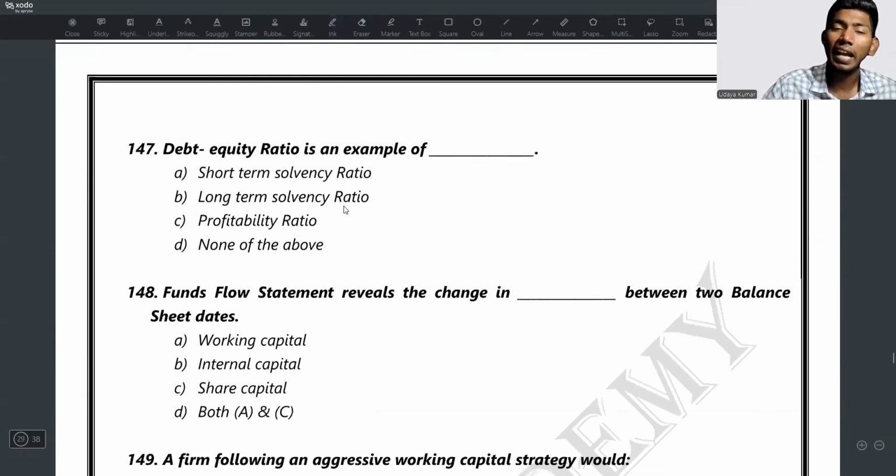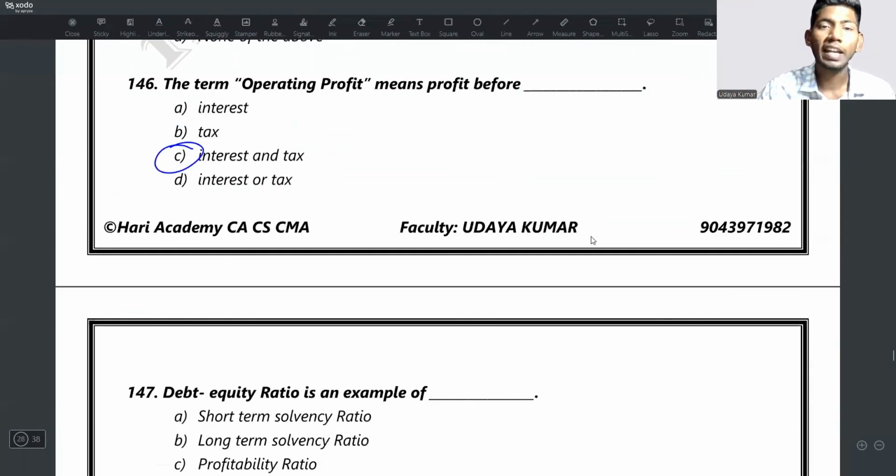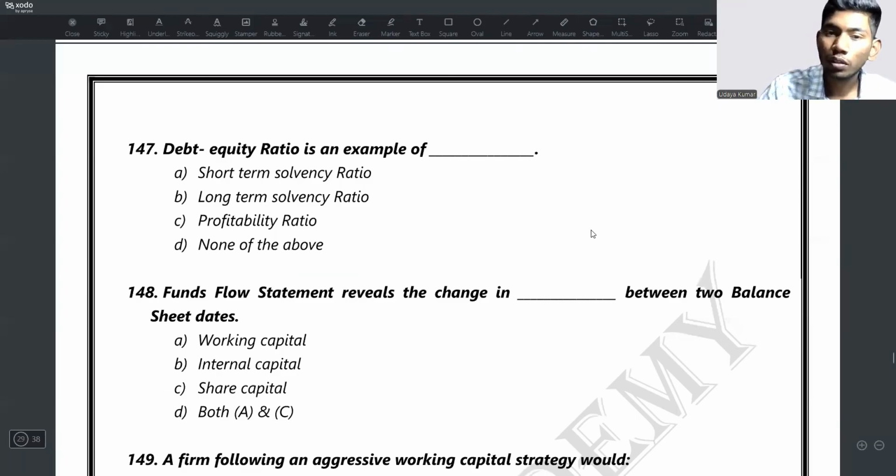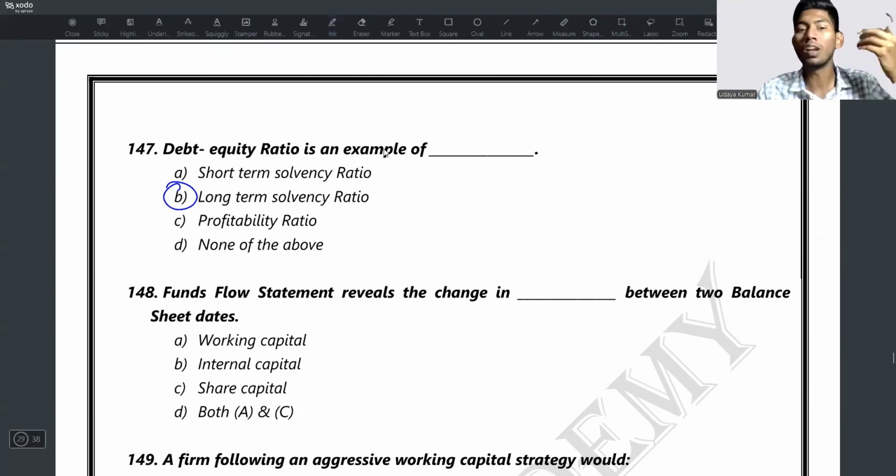It's quite easy. You must be able to answer the question. Question number 147: debt equity ratio is an example of a long-term solvency ratio, since both debt and equity are long-term related.